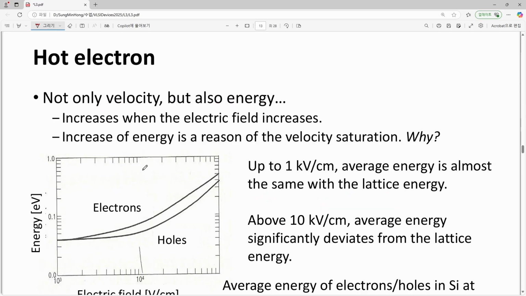So up to now we have thought about the average steady state velocity, but when this velocity is so high, it also contributes kinetic energy. This kinetic energy can increase the average energy of our electrons.